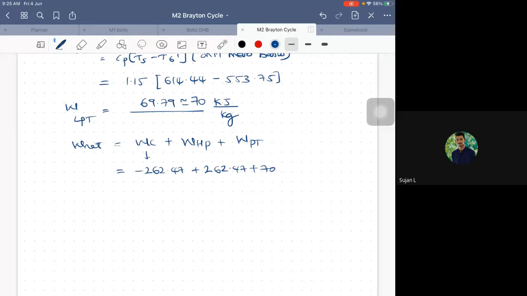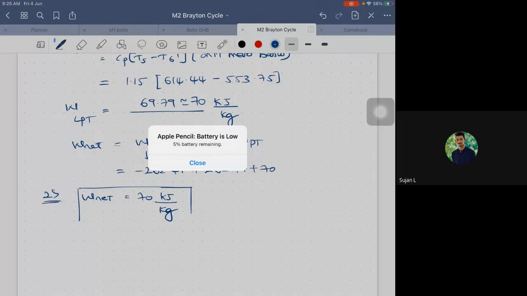So whatever value of W net I get, the second sub-part, I would take it as 70 kilojoules per kg, and this is the output from this turbine.